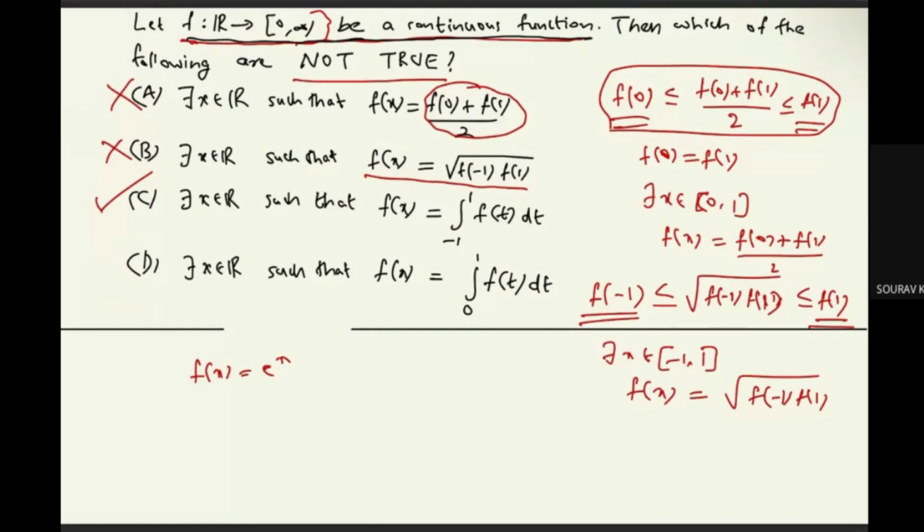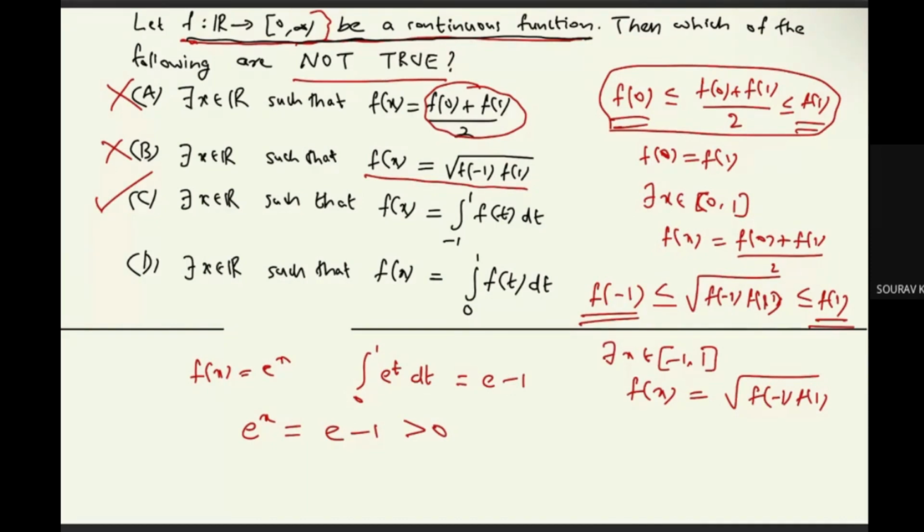If I take f of t as e to the power t, what you get is e minus 1, right? The question is whether this has a solution or not, which it has, because e raised to x has a range that is the positive real line, so e minus 1, a positive number, is attained.